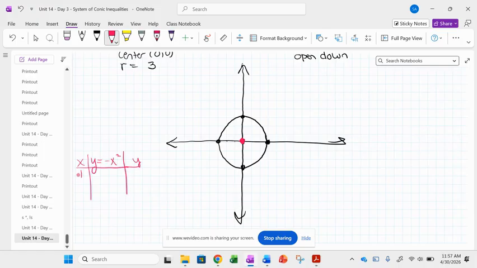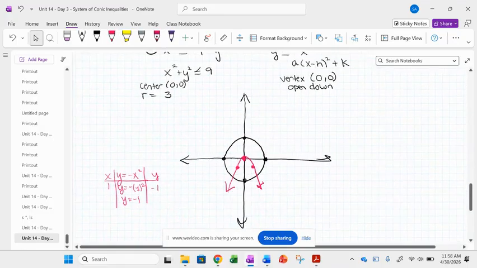If I have X be positive 1, Y is going to be the negation of positive 1 squared, which is just negative 1. So I'm going to have the point 1 comma negative 1. And then because of the axis of symmetry, wouldn't I have the point negative 1 right on the other side of that? So just to give us an idea, that's all I would do is figure out those 2 points. And so it's looking something like this. Not completely perfect, but something like that.